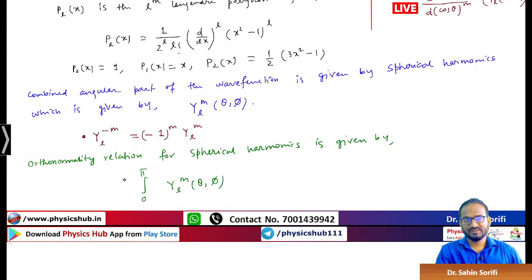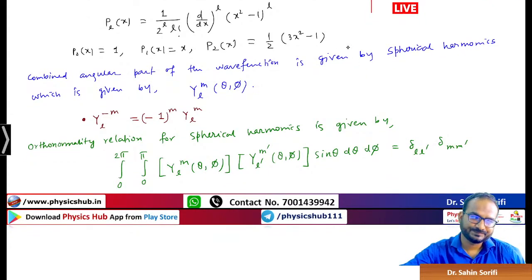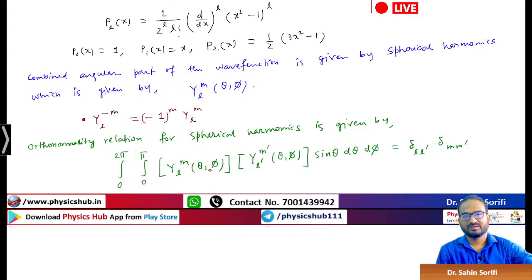So this is YLM of theta phi multiplied by YL prime m prime of theta phi, then sin theta d theta d phi. This is equal to delta LL prime delta MM prime. This is the orthonormality relation for spherical harmonics. L is the azimuthal quantum number, M is the magnetic quantum number. You already know it.